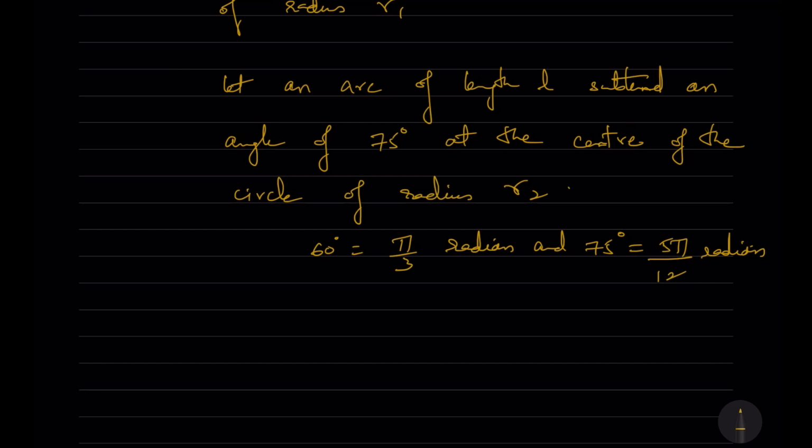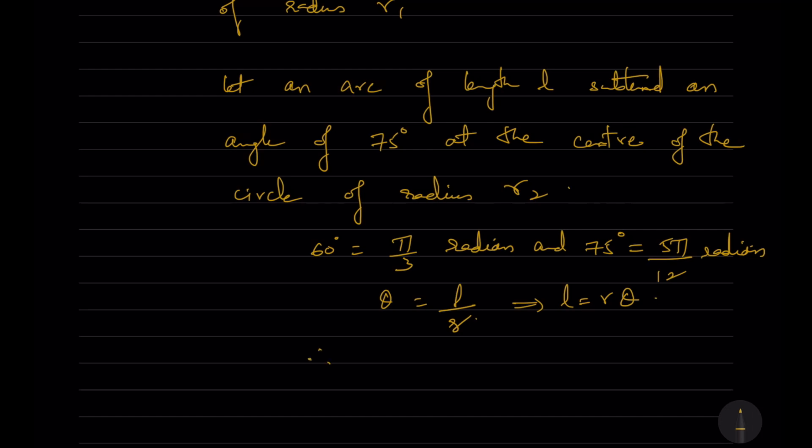So therefore we know that in a circle of radius r units, if an arc of length L subtends an angle of theta at the center, then theta is equal to L by r, which implies L is equal to r into theta.